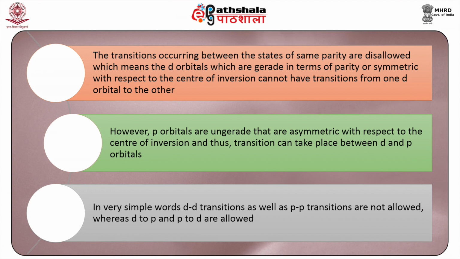Transitions occurring between states of the same parity are disallowed, which means the d orbitals, which are gerade in terms of parity or symmetric with respect to the center of inversion, cannot have transitions from one d orbital to another. However, p orbitals are ungerade, that is, asymmetric with respect to the center of inversion, and thus transition can take place between d and p orbitals.